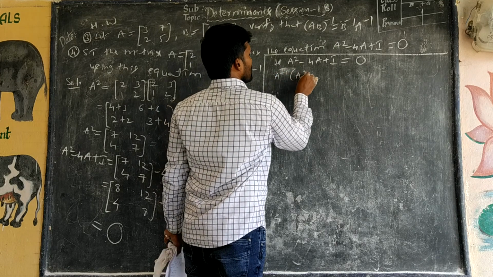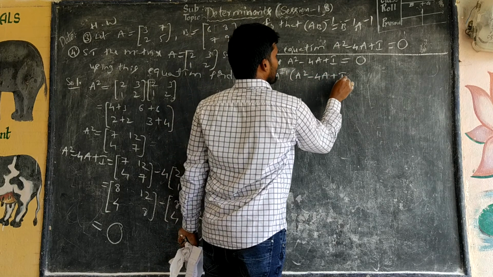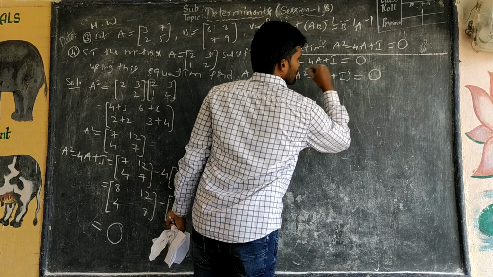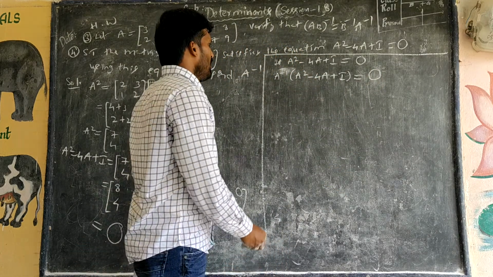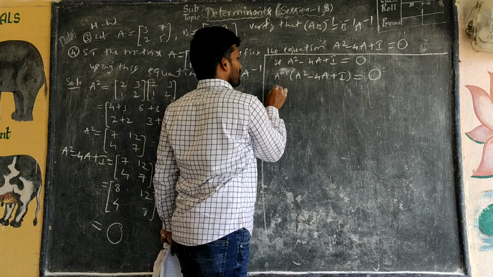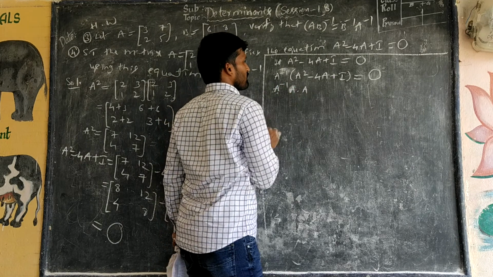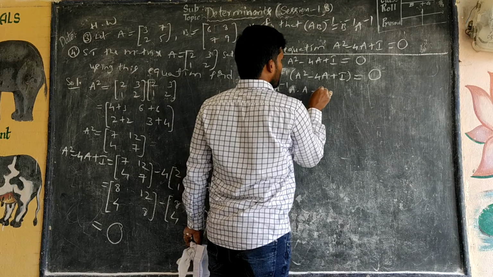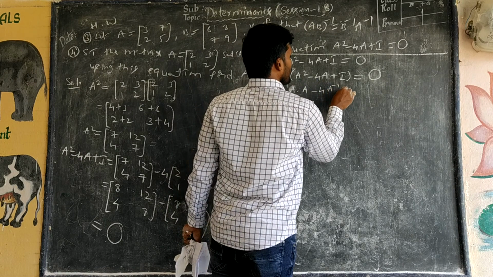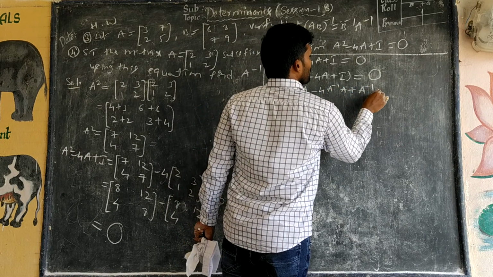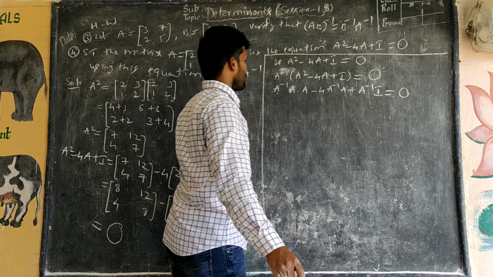A inverse into A square minus 4A plus I equal to A inverse into the null matrix, which is the null matrix only. Here A inverse into A square, A square I can write as A into A. Minus 4 constant common, A inverse into A, plus A inverse into I equal to the null matrix.